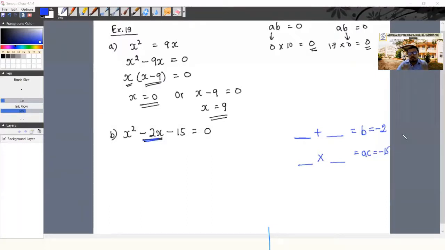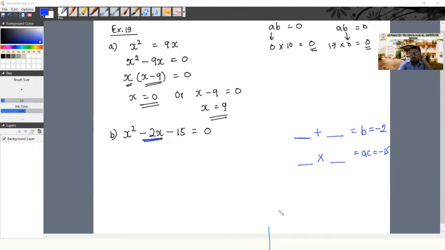Of the plus value and the negative value, which is higher, taking absolute values? As once we added these two, we are getting a negative value, so the negative number should be high. The higher number should be the negative value.